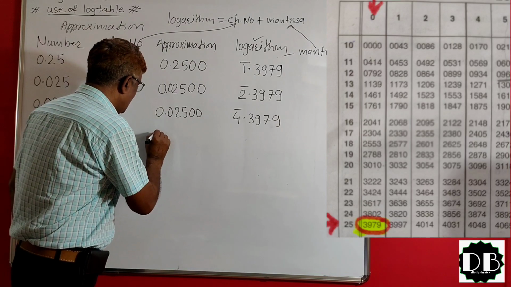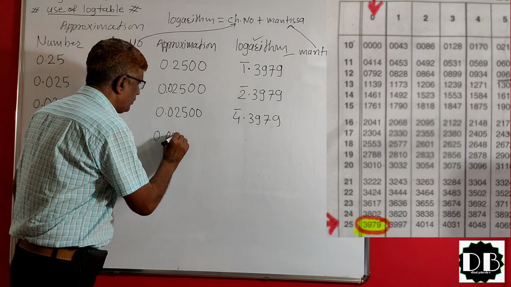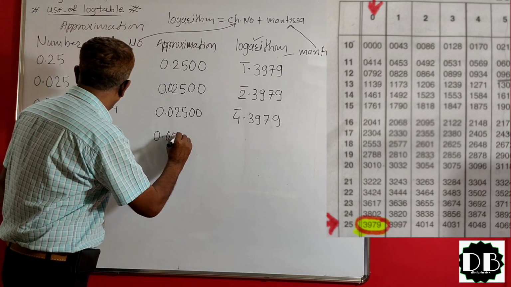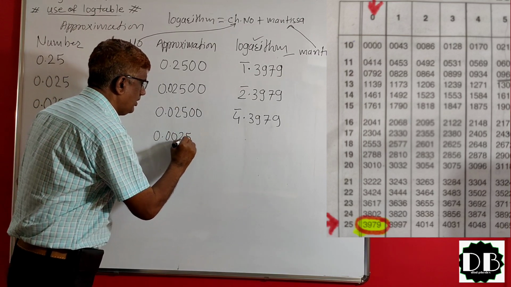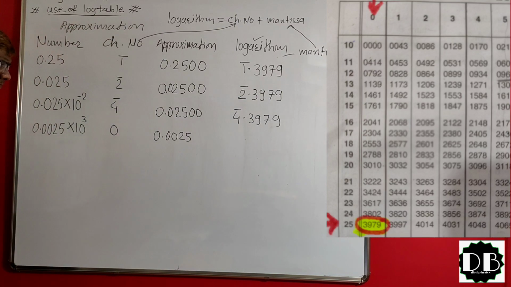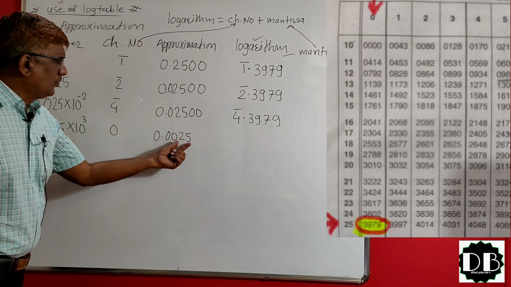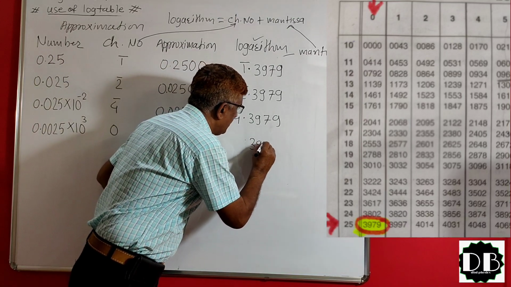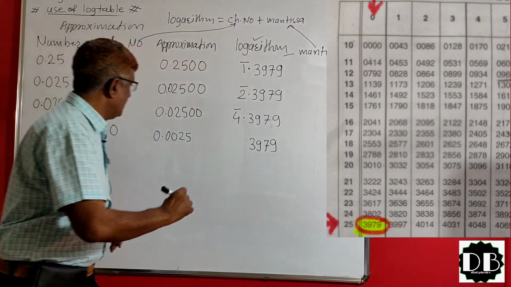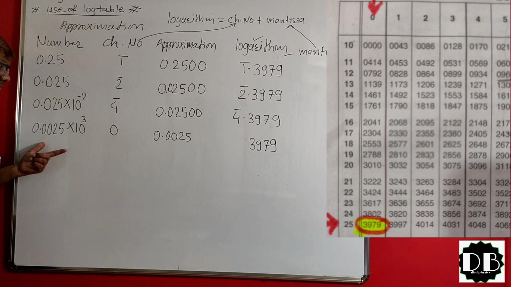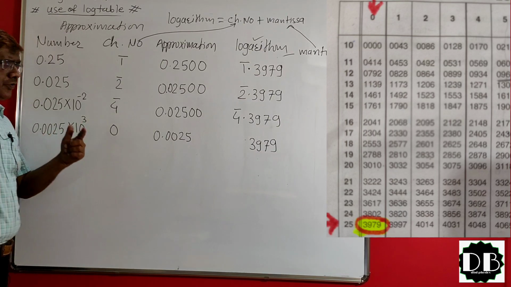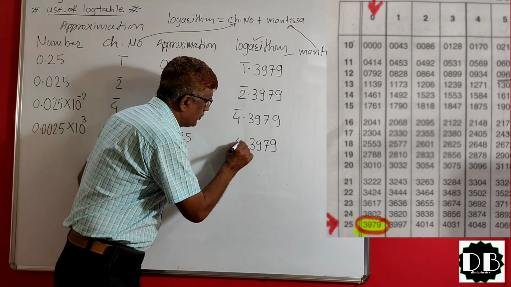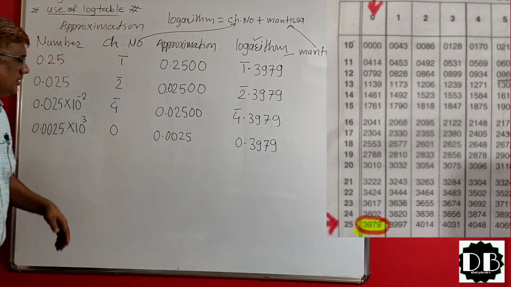Our number remains as it is, doesn't matter: 0.0025. Mantissa of 25 is again 3979. Character number is 0, so you can write 0 point like that.